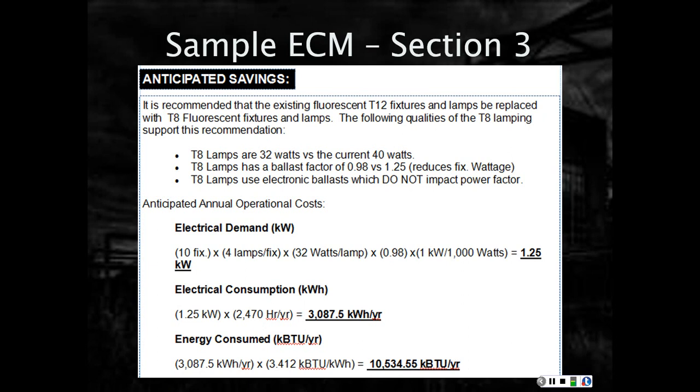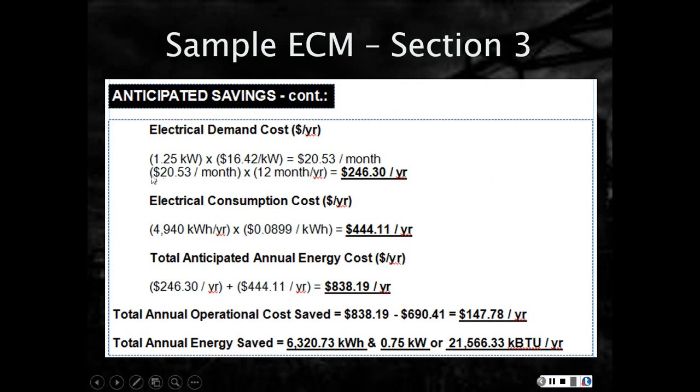We converted the kilowatt hours to energy, the kilobTUs have gone down. If we compute that with the same pricing before, we have $246 for demand, $444 for consumption. The annual energy cost $838.19.